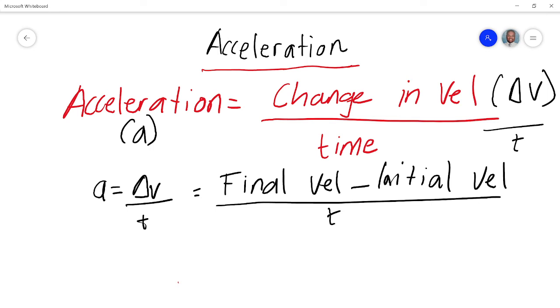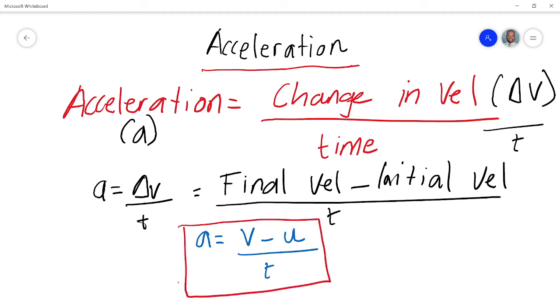Different books give different abbreviations for final and initial, so let's simplify this. a becomes v, the final velocity, minus u, the initial velocity, over t. And that, folks, is the formula used to calculate acceleration.